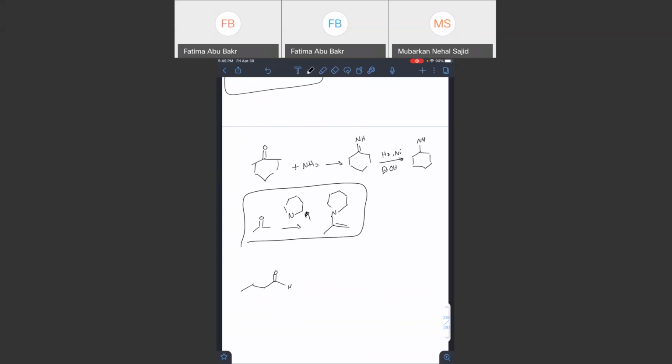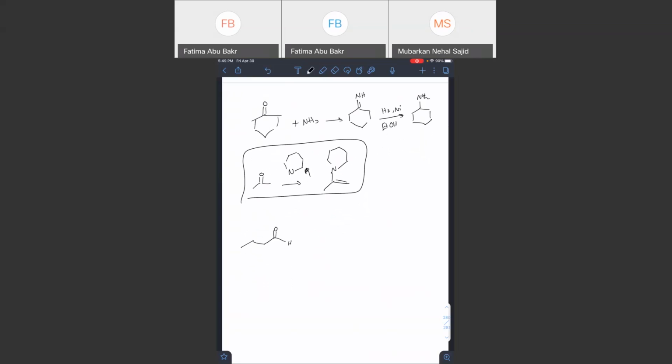So it takes away that double bond. Honestly, when I look at this one, I just think about how H2 is usually used to remove double bonds anyways, right? We always use H2 to remove double bonds or triple bonds or whatever. So it's not that weird at all. Just remember the nickel and the EtOH, that's pretty important in eliminating that double bond.